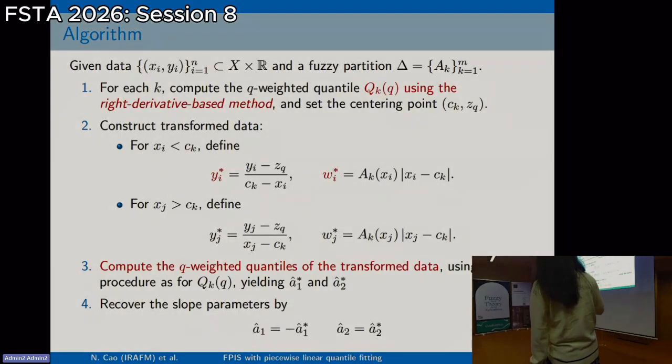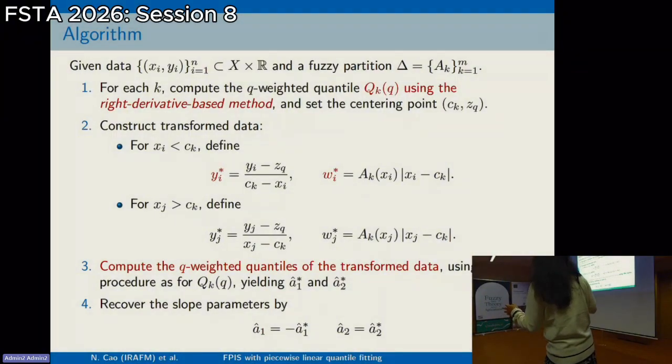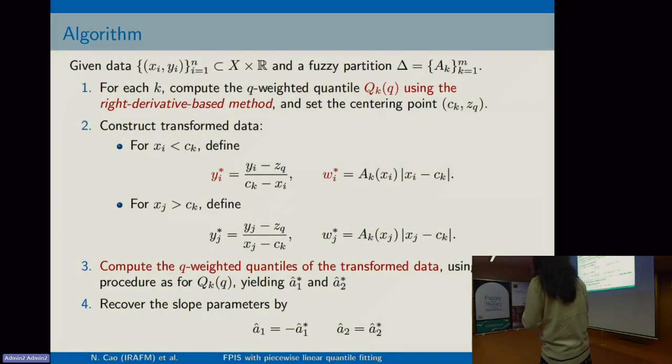Then the important step is we make the transformation of the data. Instead of the original x, y, we distinguish x from the left side of the node and x from the right side of the node, and construct different sets of transformed data by this formula.